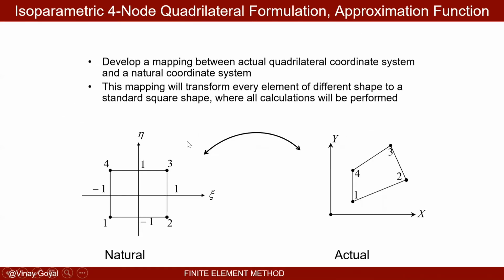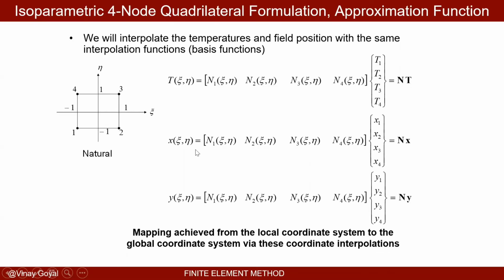But what I'm doing now is these coordinates here, x and y, can be mapped in such a way that when I plug in a value of -1 and 1 or 1 and 1 here, this multiplication returns the coordinates of that node. And these coordinates, x1, x2, x3, x4, are the x coordinates of these nodes here.